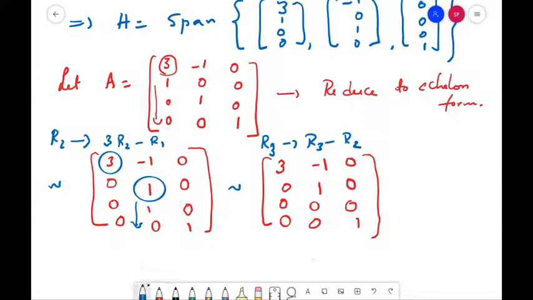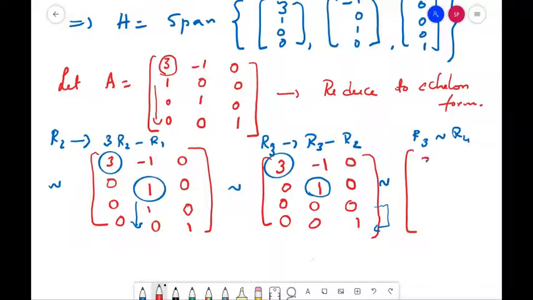Again mark the pivot positions. This is a pivot and this is a pivot, and here this is a zero row, so we must send it to the end. Our next transformation is R3 to R4. So we get 3, minus 1, 0, 0, 1, 0, and then 0, 0, 1, and then 0, 0, 0.